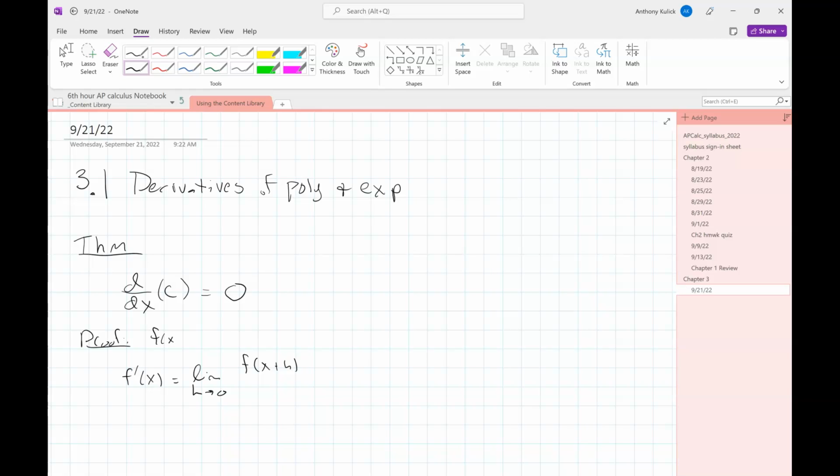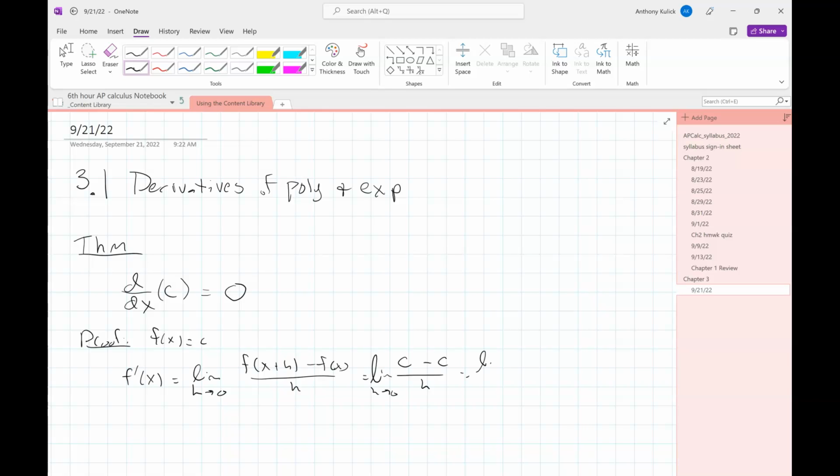Say f of x is c. So what is f of x plus h when f of x is equal to c? What do I get when I plug x plus h in? Just get c, right? Doesn't matter what x is, f of anything is just c, right? Oops, forgot my limit.